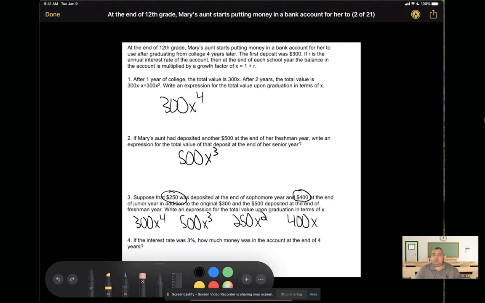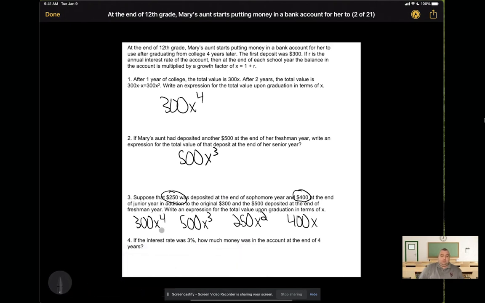If there's no exponent, we assume it's to the power of 1. So we have a $300 investment that collects interest for 4 years, a $500 investment for 3 years, a $250 investment for 2 years, and a $400 investment for only 1 year.